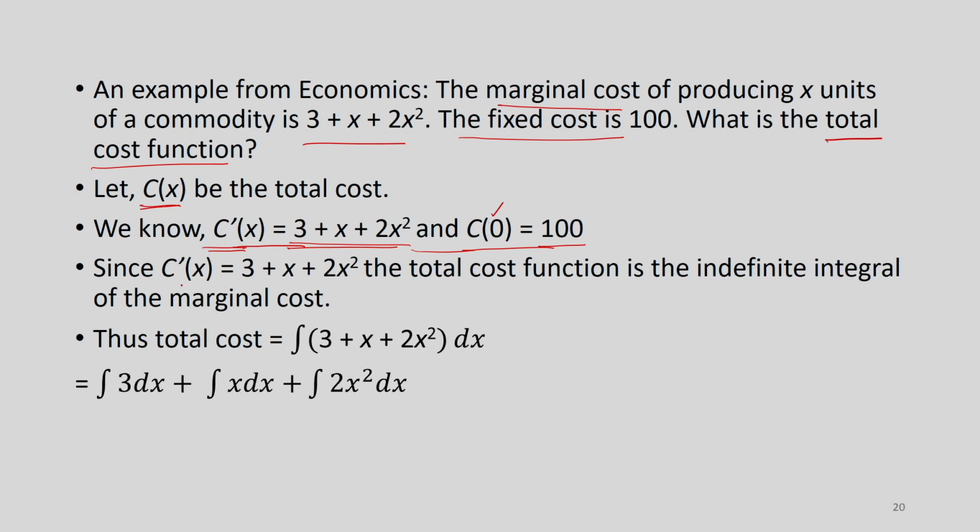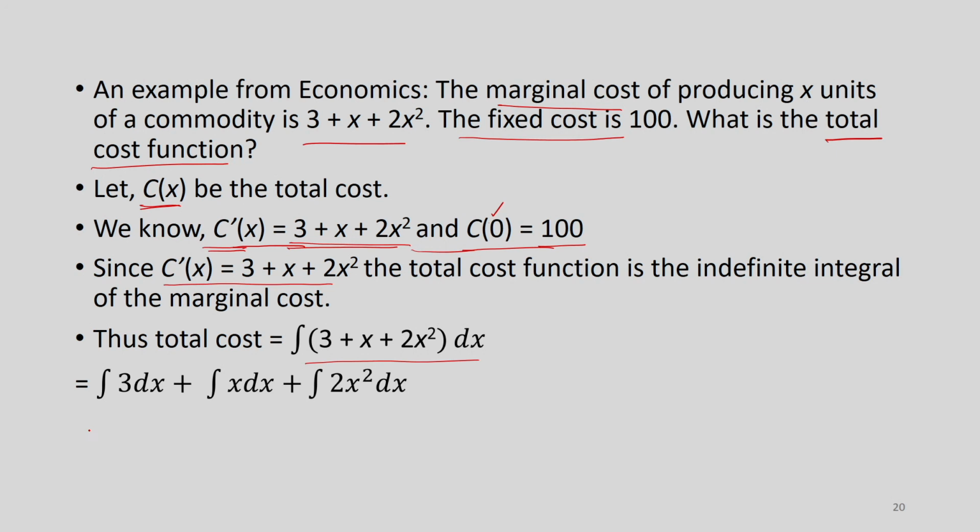Now, C prime x is given. Let us try to find the indefinite integral of this, and that will give me the total cost function, but there will be a constant term, and then we shall deal with the constant term. So, the total cost will be equal to integration of 3 plus x plus 2 x square.